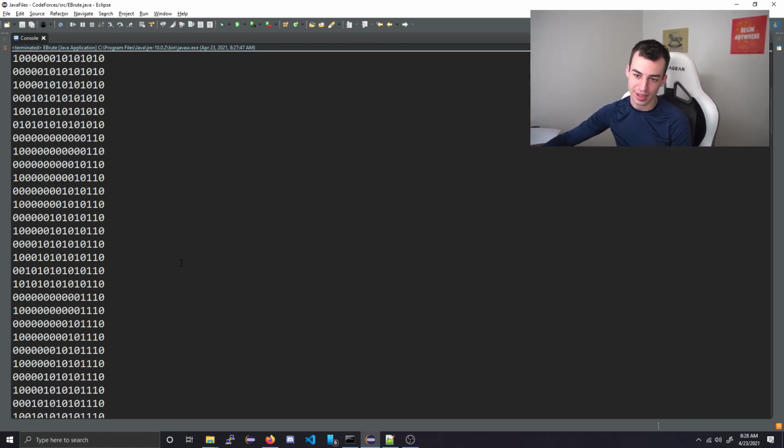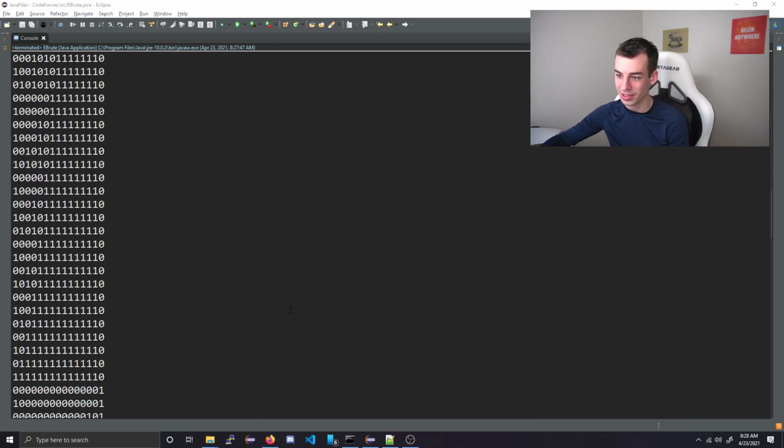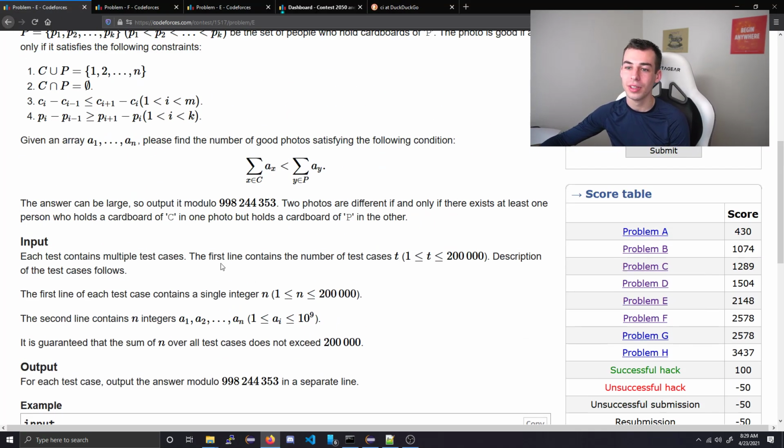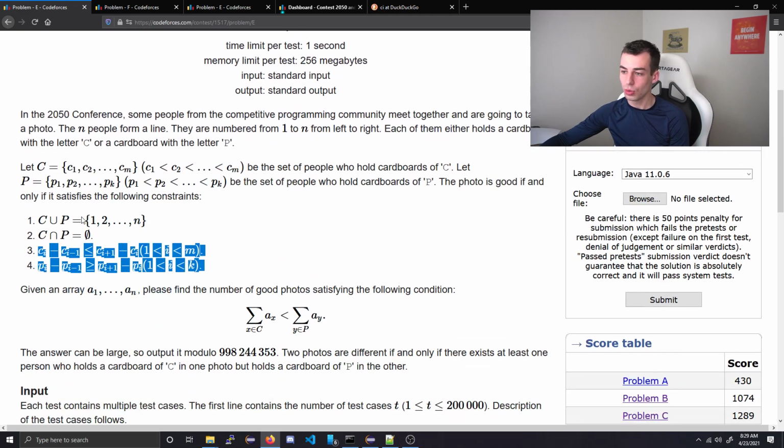There are a lot of things you can't have. Like there aren't that many arrays to consider here. These two constraints are very restrictive because everything can only be a C or a P, right?